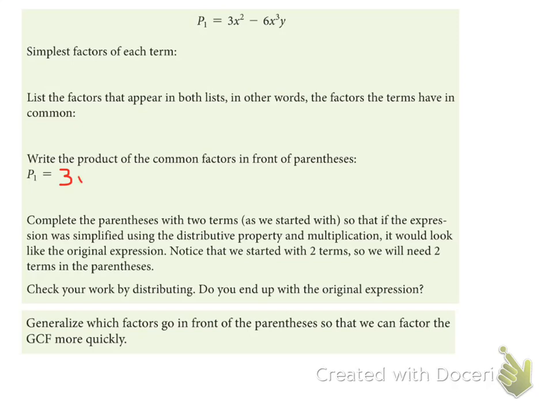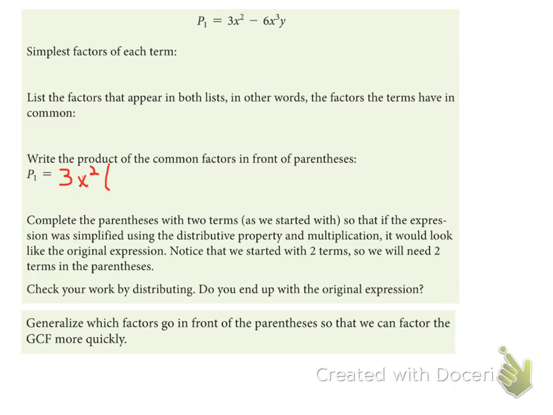So x squared is what they have in common. What about the y's? Right, there's just one, and it's only in one of the terms, so we cannot factor out a y. It does not appear in both terms. Whatever we take out, we have to be able to take it out of both.